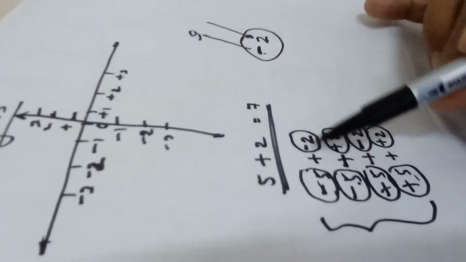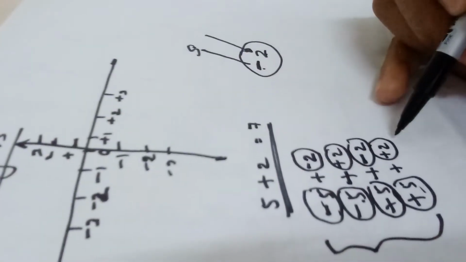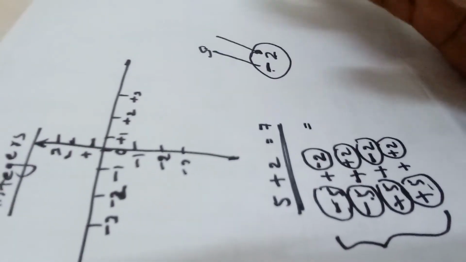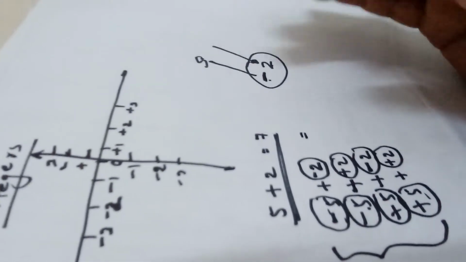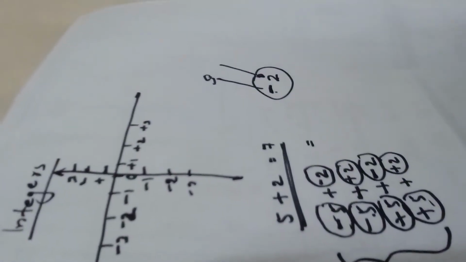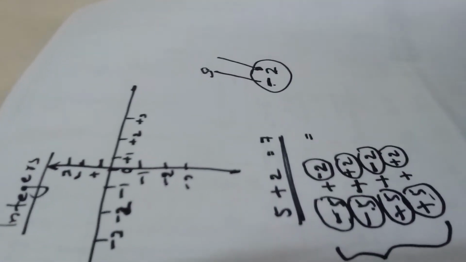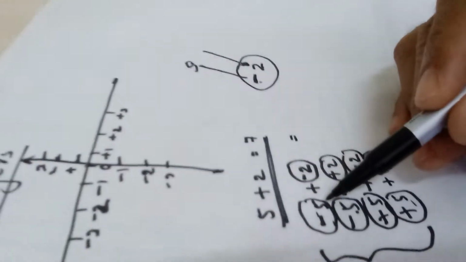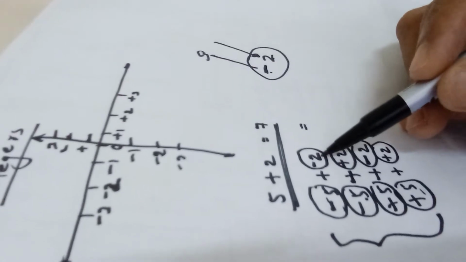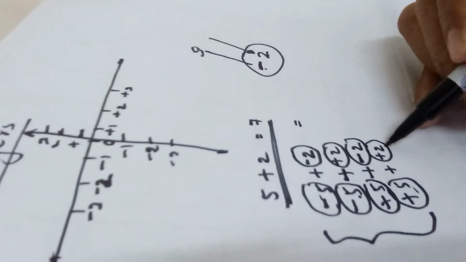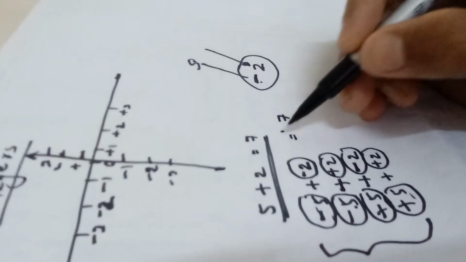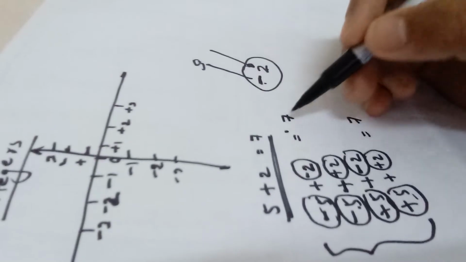So how do we get the answer for the first and fourth? First you consider the numerical value only, and the sign is considered after that. Here the numerical value is 5 and here the numerical value is 2. The answer is 7, numerical value only.